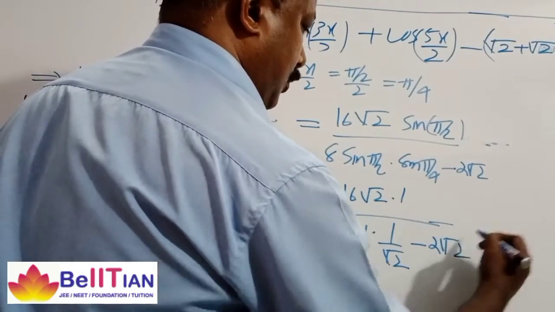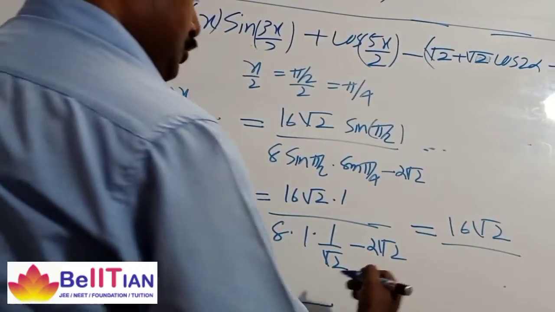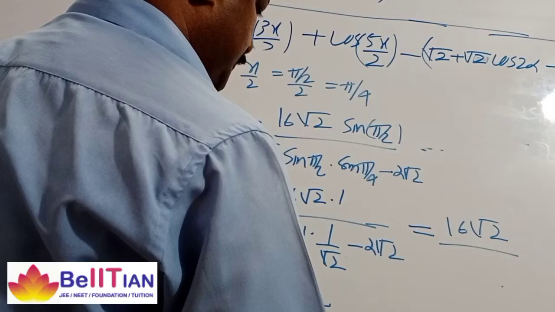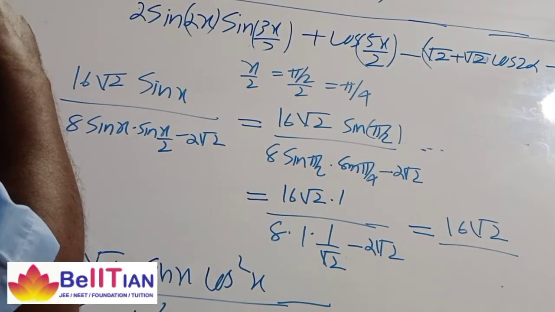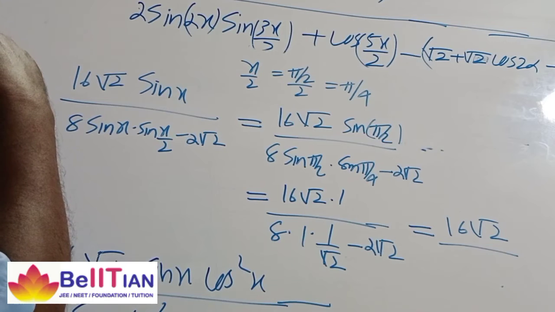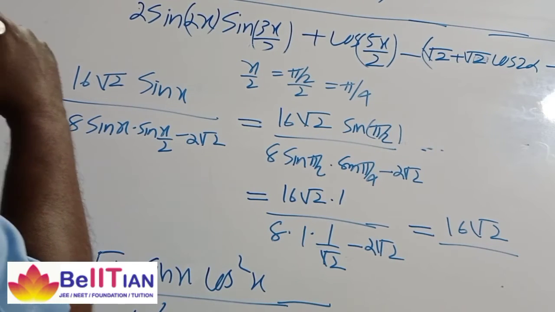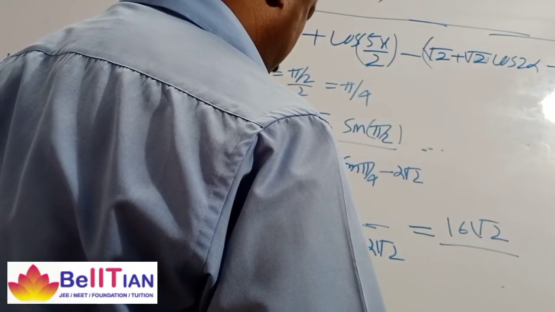So now this is equal to 16 root 2 divided by 8 by root 2, that is 8 by root 2 minus of 2 root 2. There was one mistake, it is sin pi by 4, not sin pi by 2.